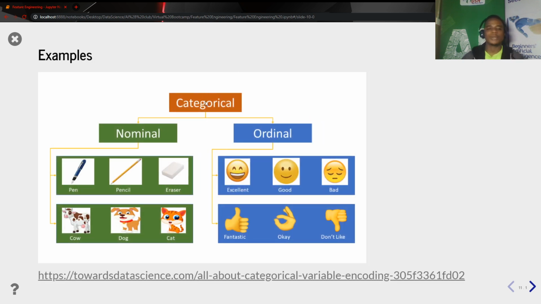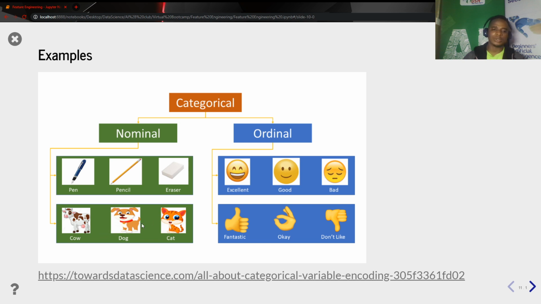For the categorical, let's start with the nominal and the ordinal. What's the nominal? The nominal is the least structured data you can have, the least structured features you can have. For instance, look at this. I have pen, pencil, and eraser, isn't it? I have categories of cat, dog, and cow, isn't it?